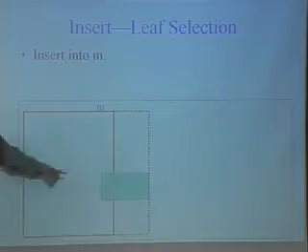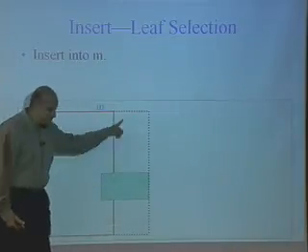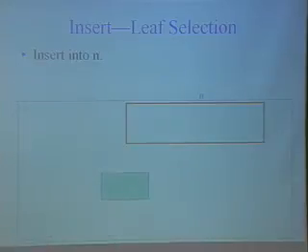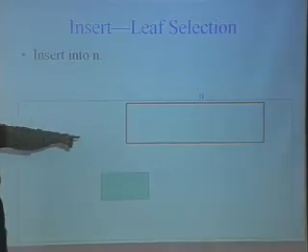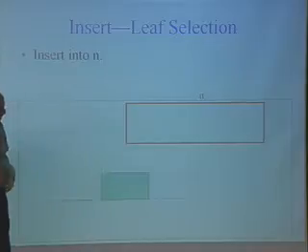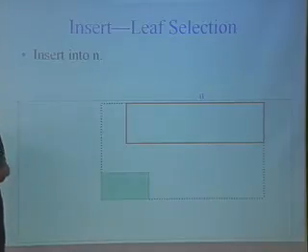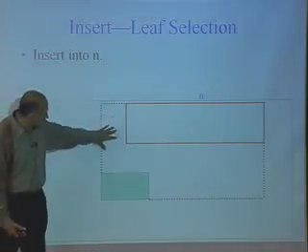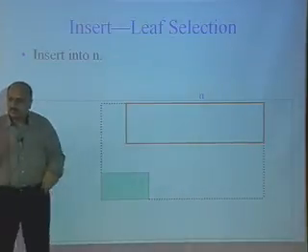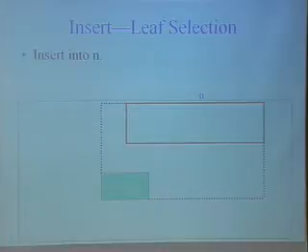So the area of my MBR goes up by this amount. If I put it into the next subtree, the MBR of that is N, and if this rectangle goes there, the MBR is going to look like this when you're done. And so the area changes by the area of this big rectangle minus the area of the original one. So that's the increase in area.